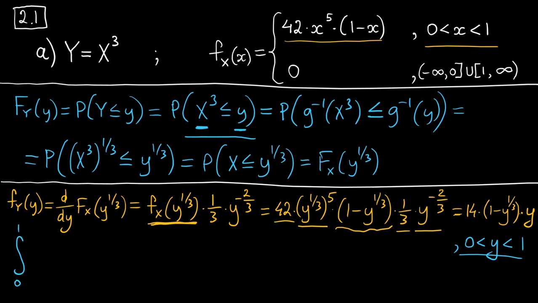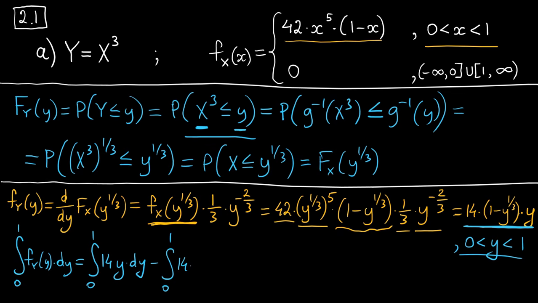So the integral from 0 to 1 of the PDF of y, okay, so I'll just write here the PDF of y is what? So let's distribute this expression. So we'll have two integrals, integral from 0 to 1 of 14y dy minus integral from 0 to 1 of 14 times y to the power of 4 over 3 dy.